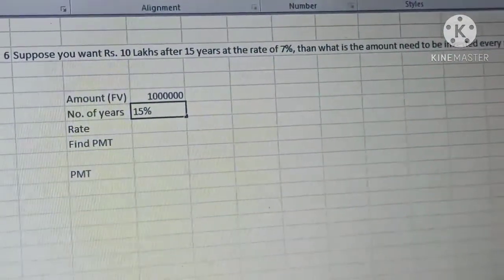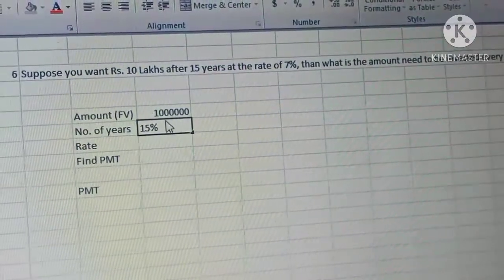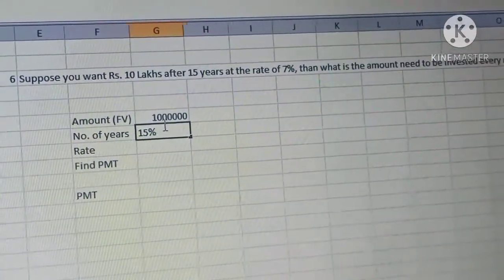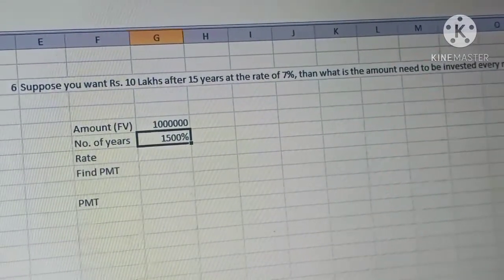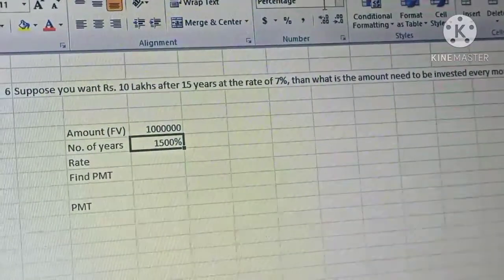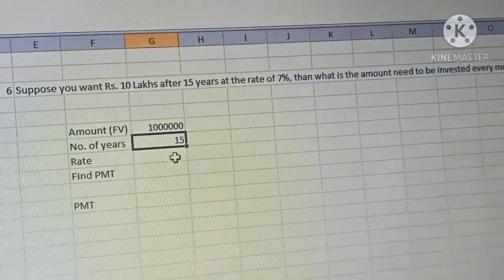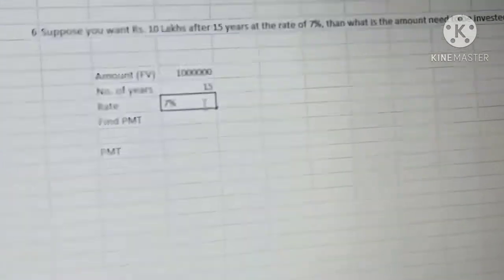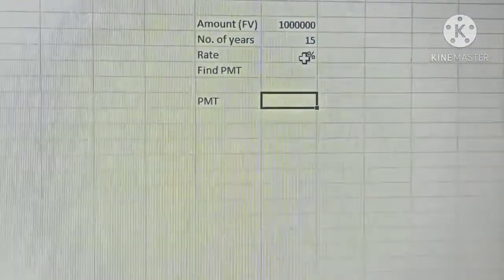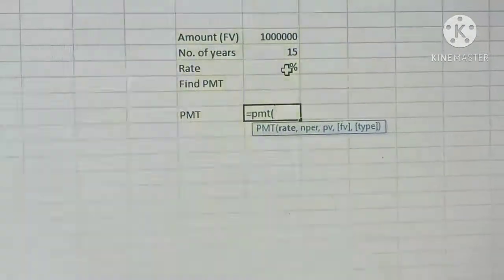Again it's in percentage form, so we'll change it into general form. Rate is 7%. We need to find the PMT because we need to find how much amount is to be invested every month.